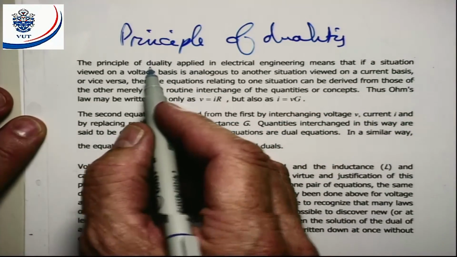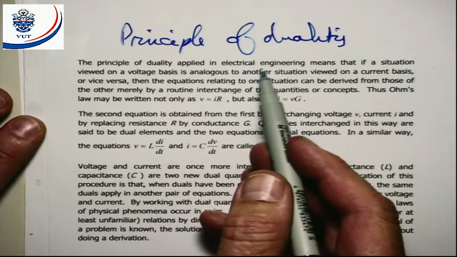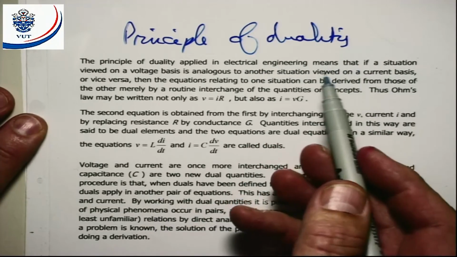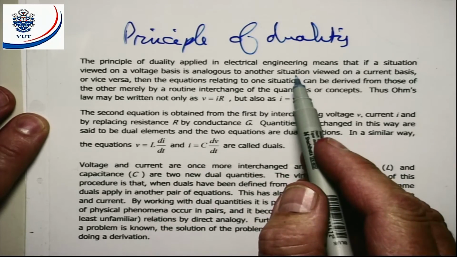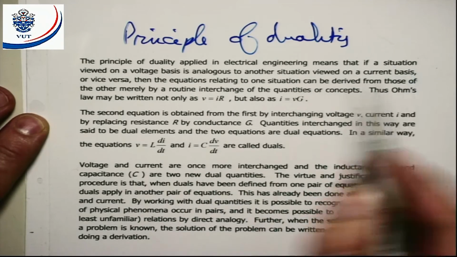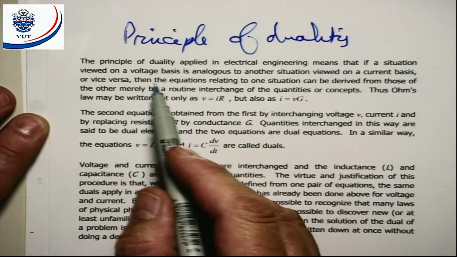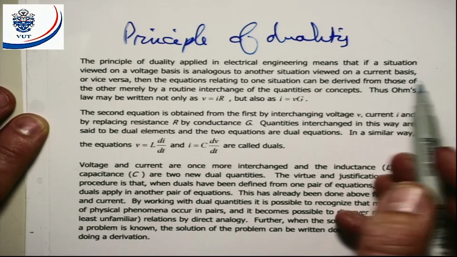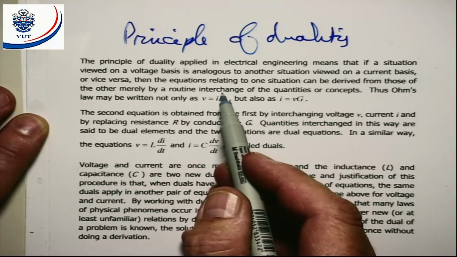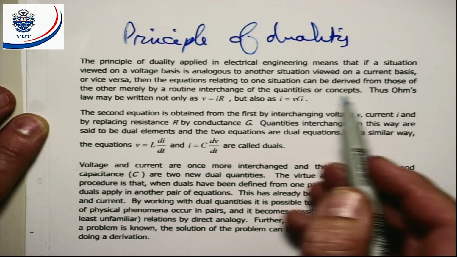The principle of duality applied in electrical engineering means that if a situation viewed on a voltage basis is analogous to another situation viewed on a current basis, or vice versa, then the equations relating to one situation can be derived from those of the other merely by a routine interchange of the quantities or concepts.